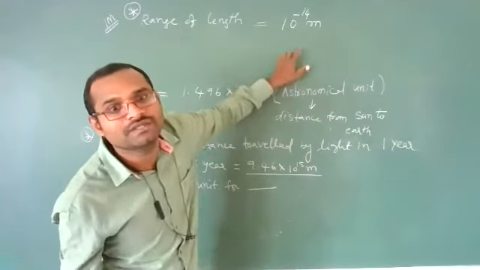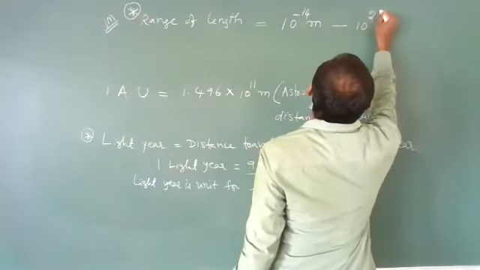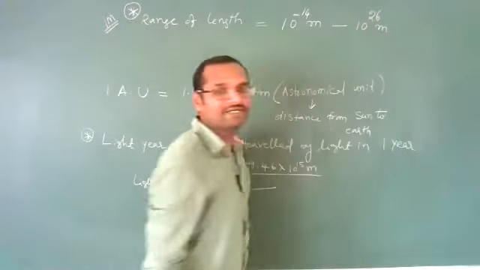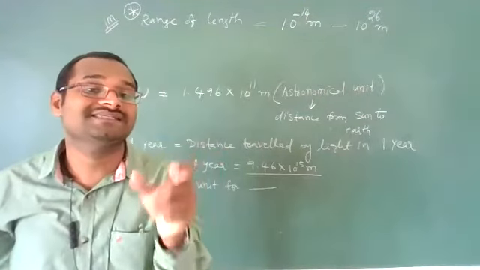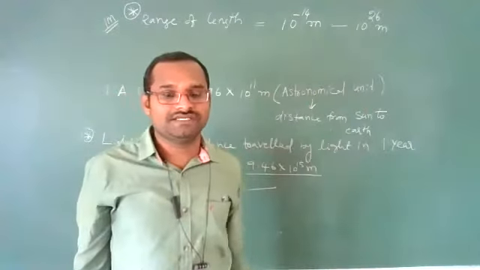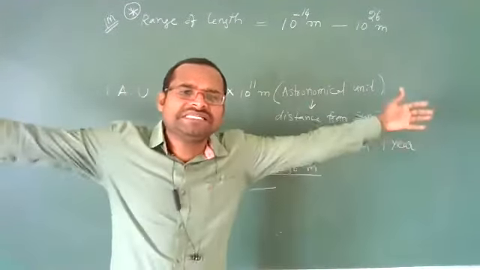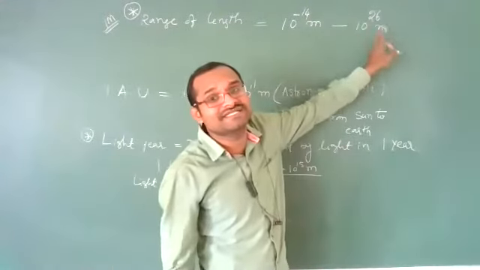This is the minimum value, and the maximum value is 10 to the power of 26 meters, which is the radius of the galaxy. The biggest length is 10 to the power of 26 meters.